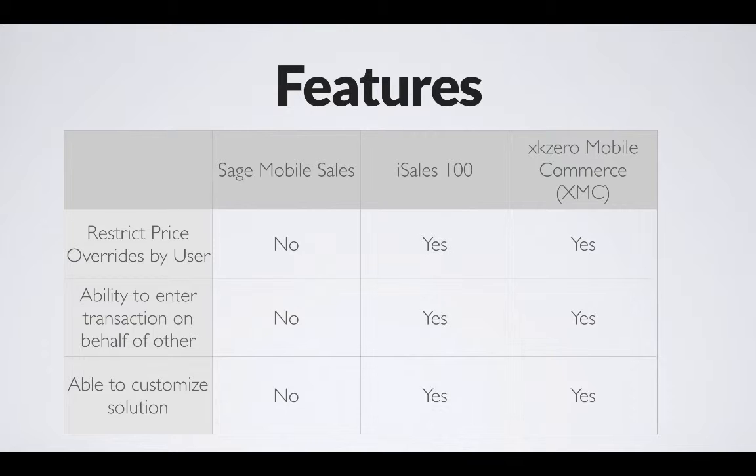The vast majority of any customization we might do to iSales, we do using ProvideX, which is the software application that controls Sage 100, and that pushes the rules back out to the mobile app itself. Sage Mobile Sales does not provide any customization, so it's an out-of-the-box solution that works the way that it works. And XMC is also a fully customizable solution.